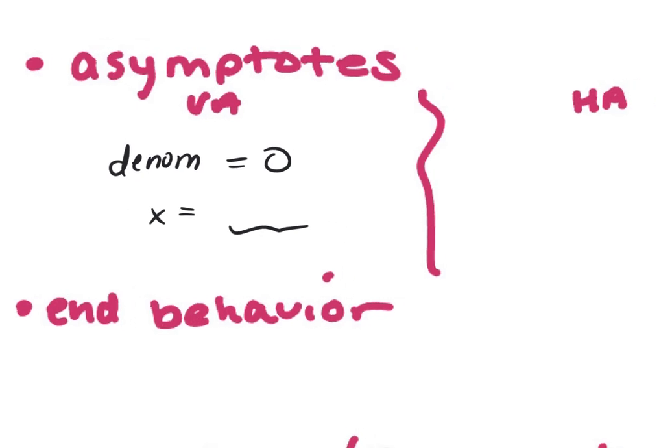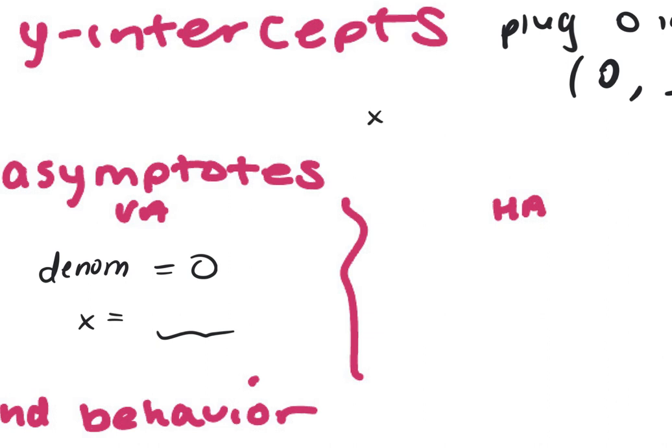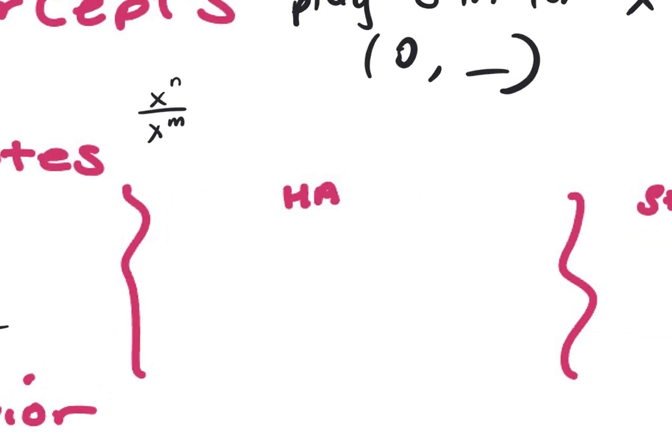And then your horizontal asymptotes, there were 3 cases. We said the highest exponent in the top was the n, and the highest exponent in the bottom was the m. The first case is if n is less than m, then your horizontal asymptote is at y equals 0.